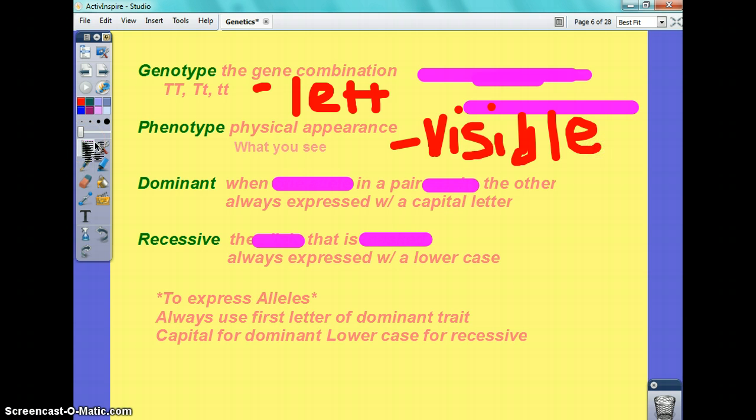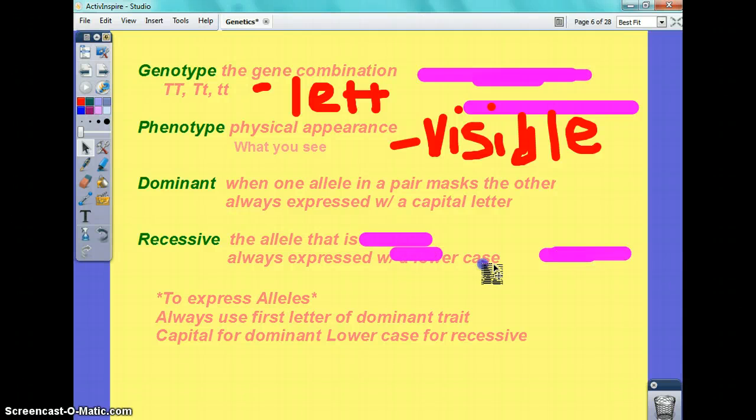What is dominant? The trait that always shows. Good. It actually masks the recessive trait. It's always expressed with a capital letter. What about recessive? Good.